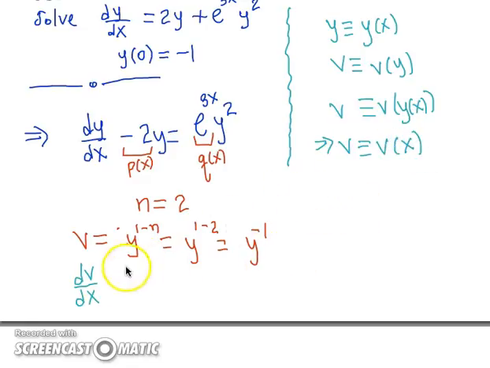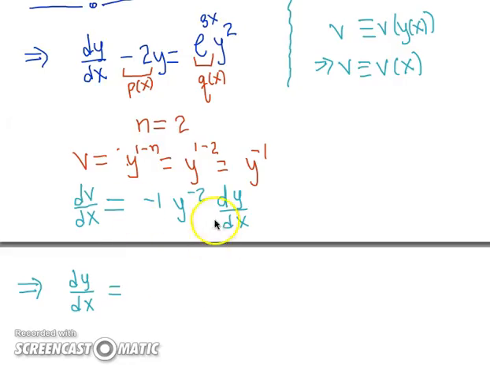Okay, so we can differentiate v with respect to x. We have to make use of implicit differentiation here, and this calculation would give us minus 1 y to the minus 2 times the derivative of y with respect to x.